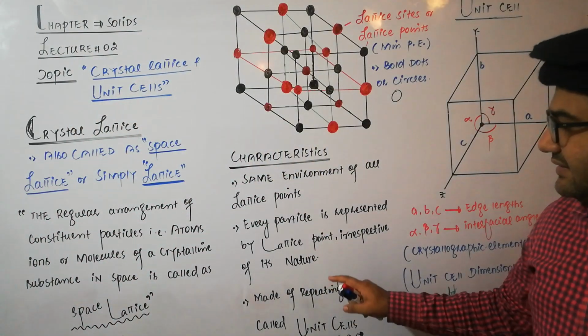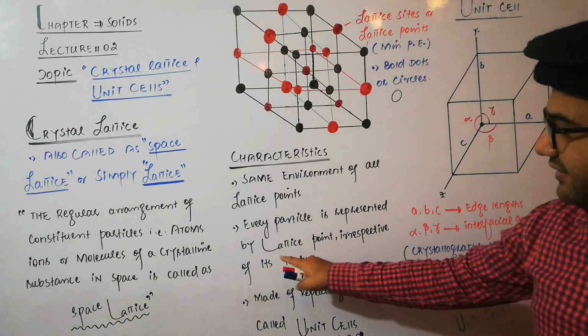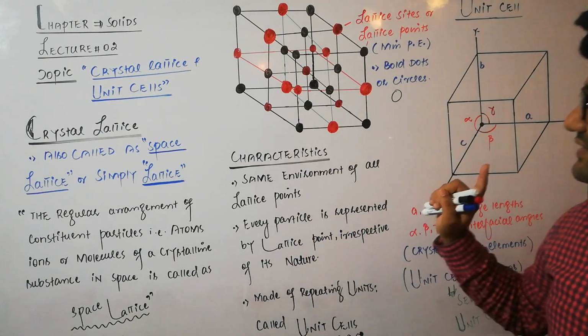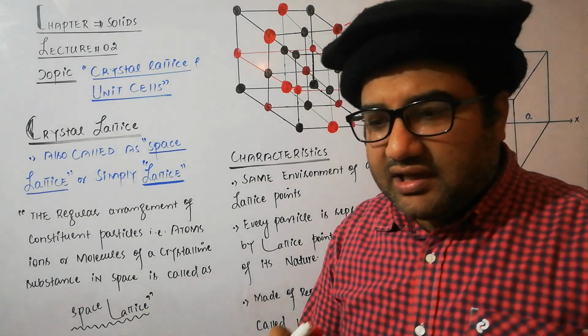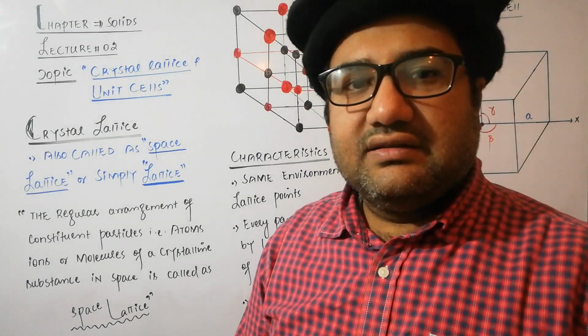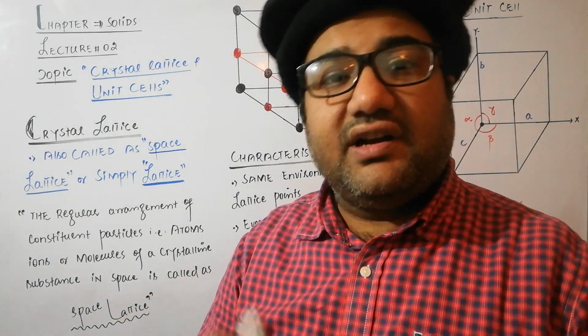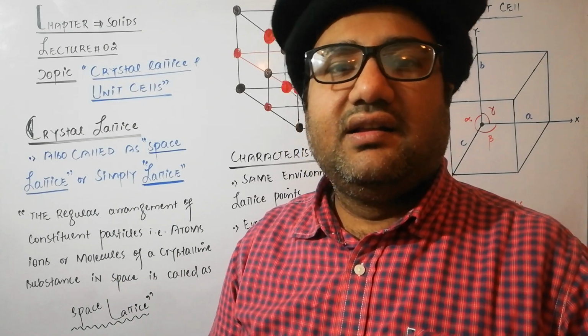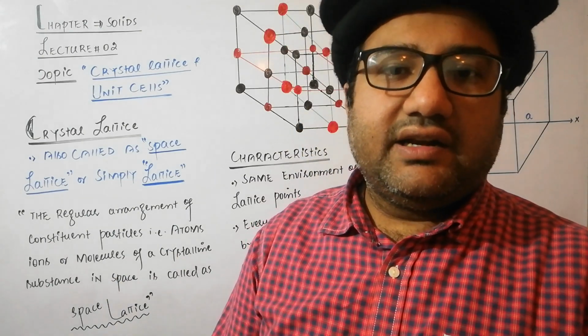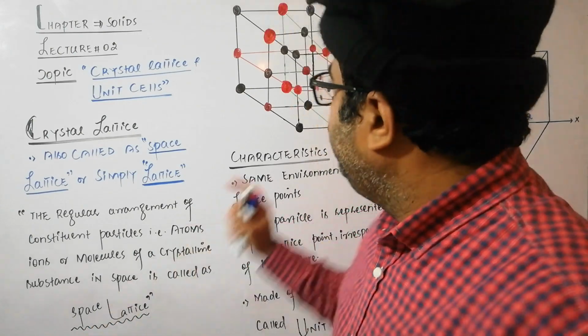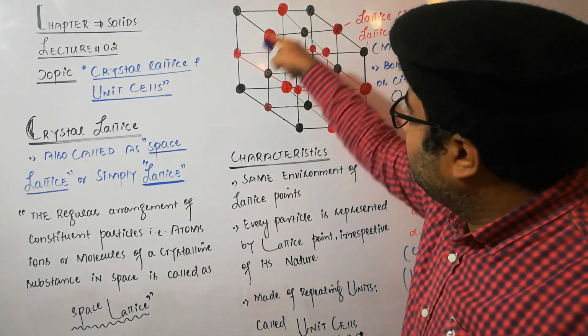The second point is that every particle is represented by a lattice point irrespective of its nature. What does it mean? It means whether the particles are atoms, ions or molecules, they will be represented by these points.